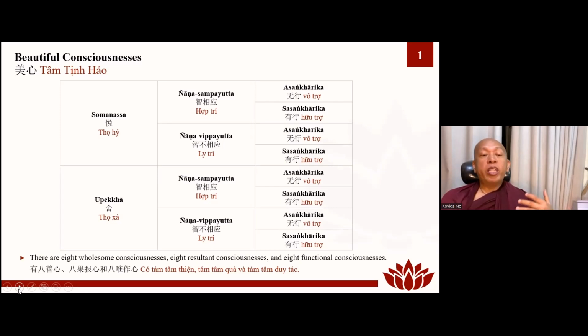So if we say 8 different types of wholesome actions, something we do happily, we also understand the good and bad, we also understand the benefits, then prompted or unprompted, 2 different types of consciousness.